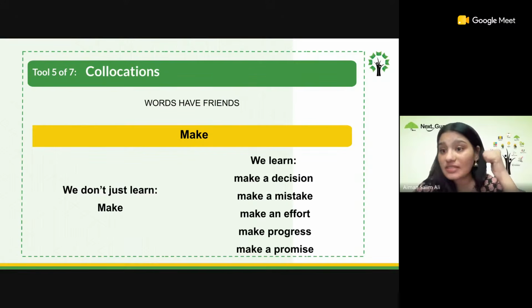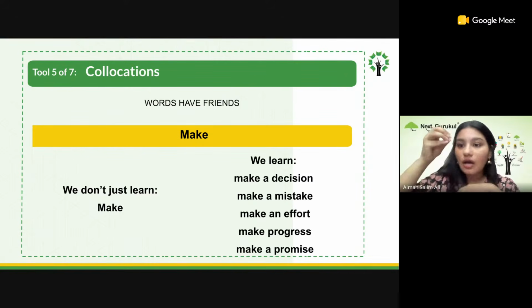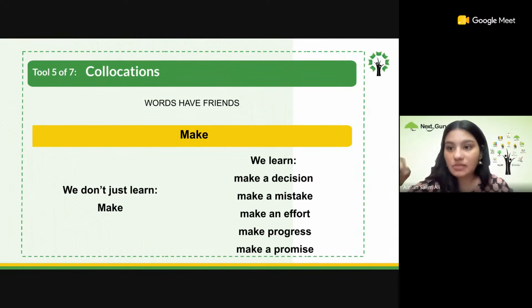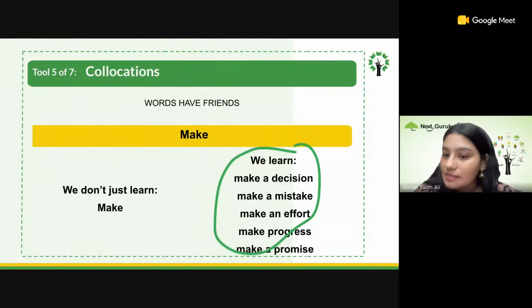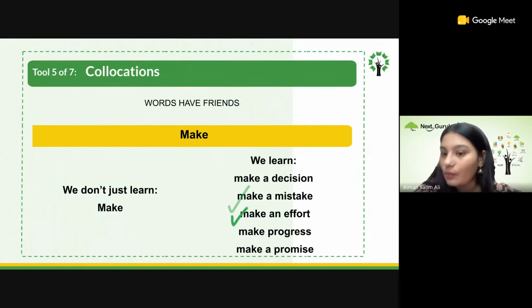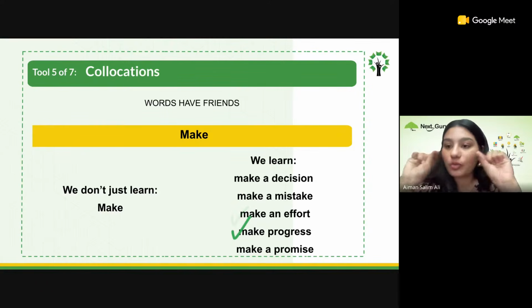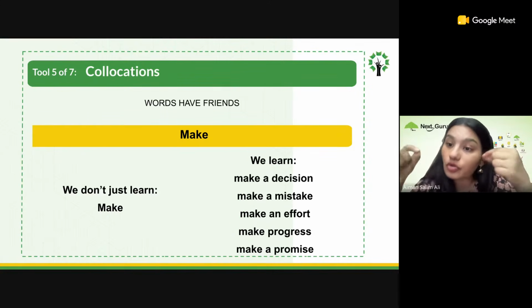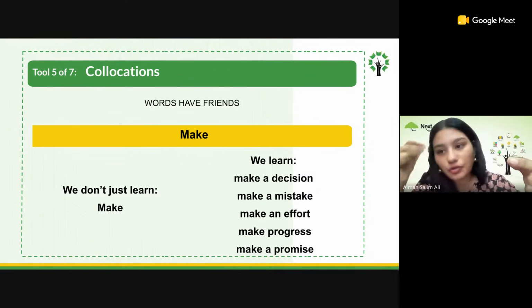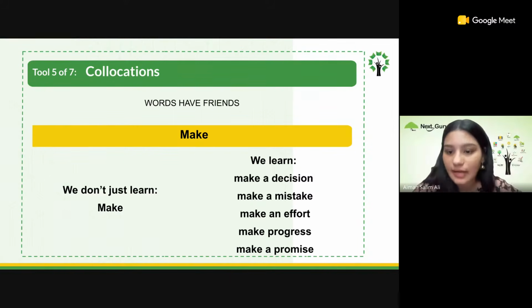As we also saw previously, vocabulary is just not separate words, isolated words, but they're actually a network. They actually create a family of different words. What we learn is we make a decision, we make a mistake, we make an effort, we make progress. So basically we don't just learn words, we also learn how to use that word. Unless and until we know how to use a word, it won't make any sense, right?